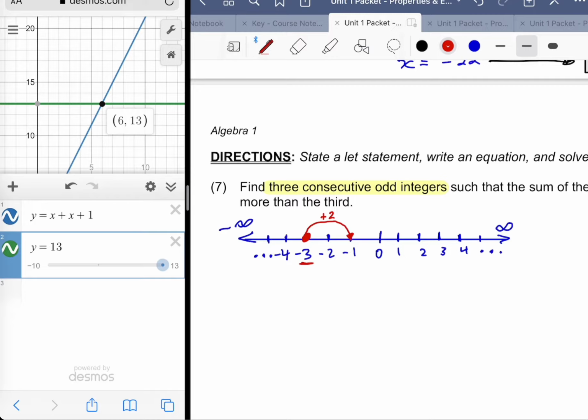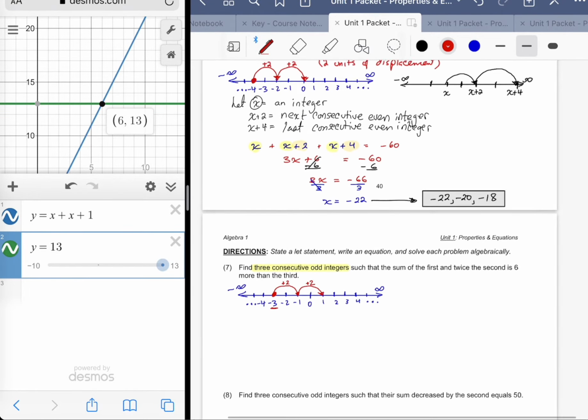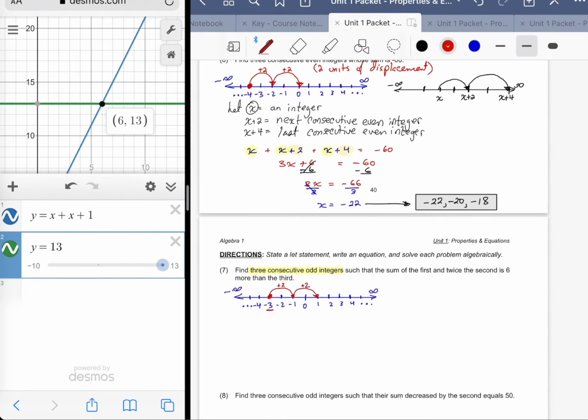I would do the same thing if I want to get to the next consecutive odd integer. Add another 2. If this sounds familiar, it should, because it's the exact same approach that we did when we talked about consecutive even integers.